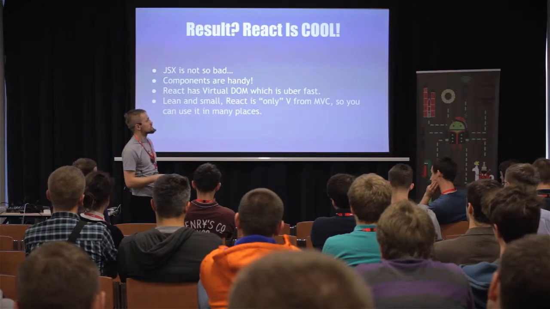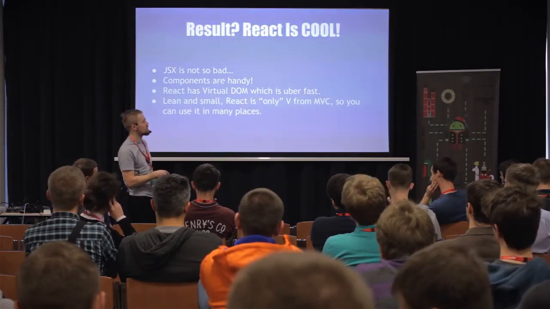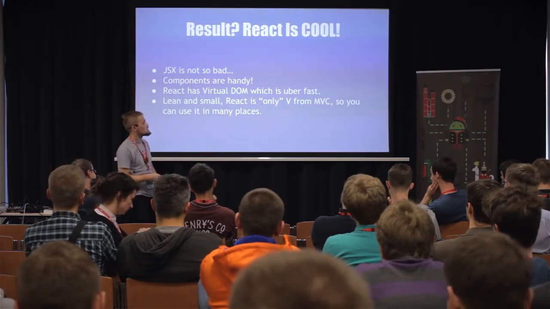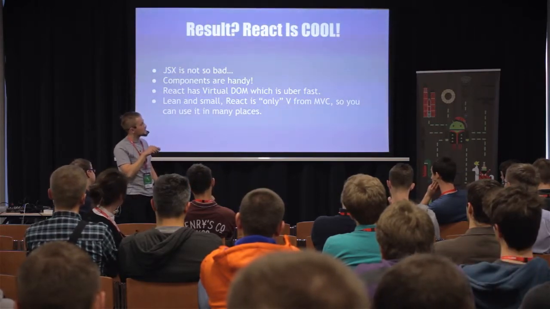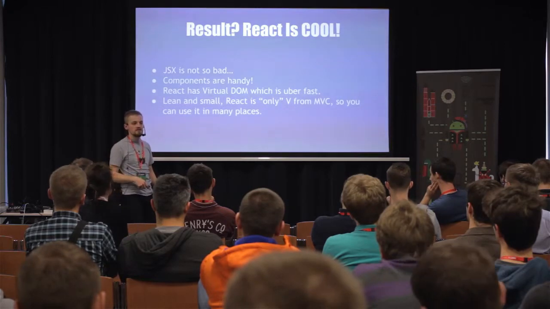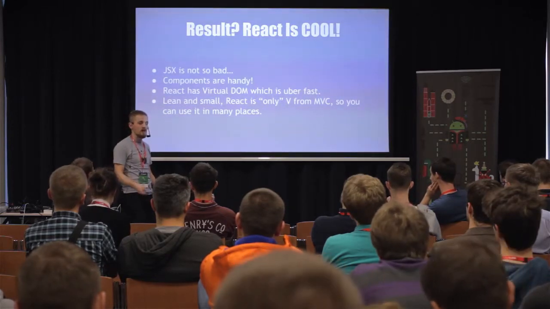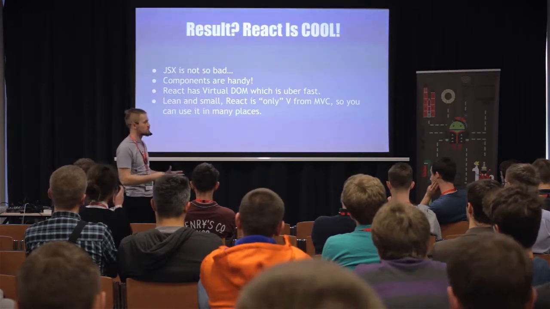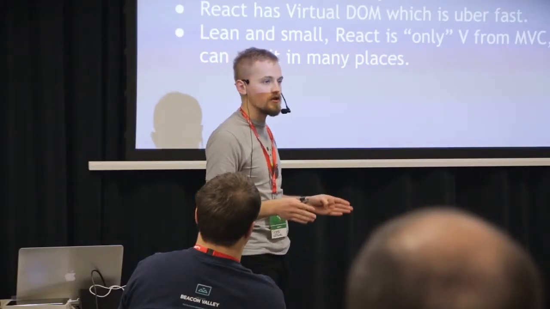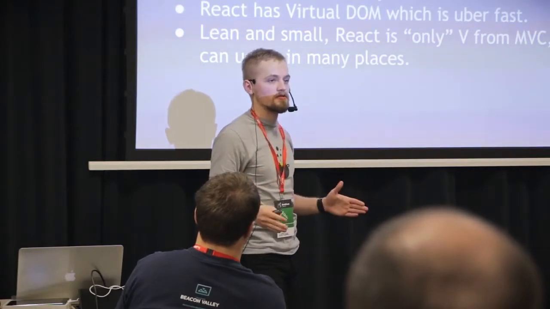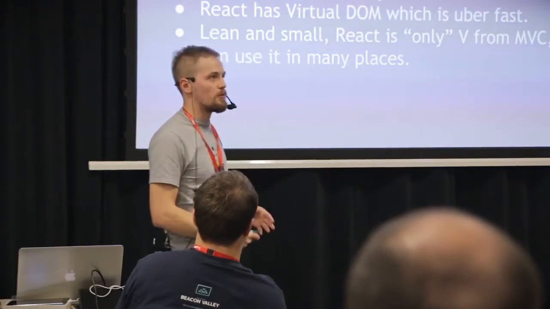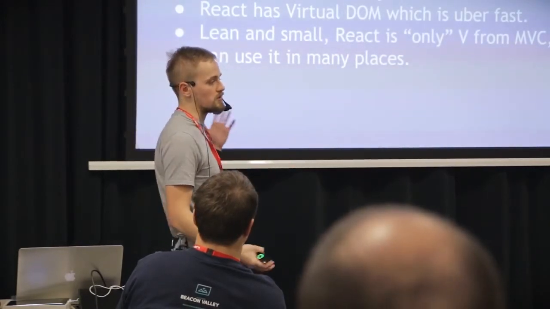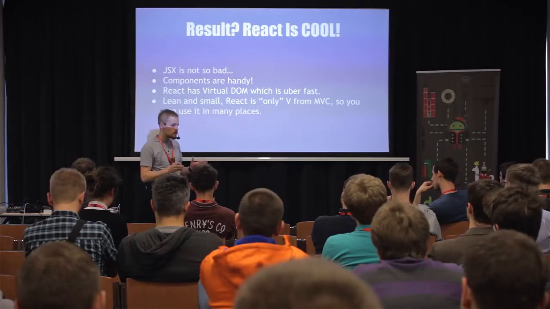So this is a great performance boost for DOM. And one more important thing is that React is only the V from MVC. So we can use React in many applications without any problems because we are changing only the V, and we are not forcing developers to use a particular library for handling models, networking and stuff. So this is pretty neat.